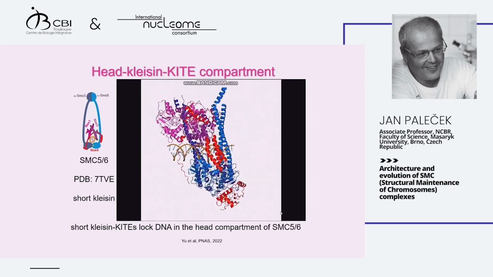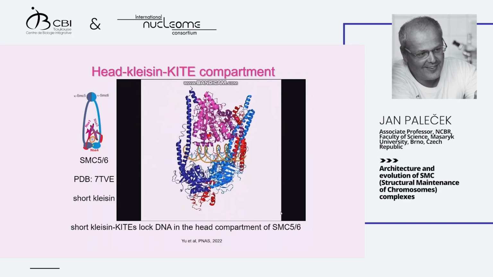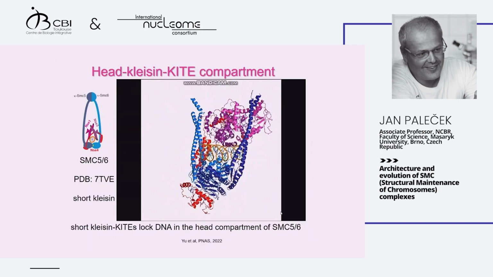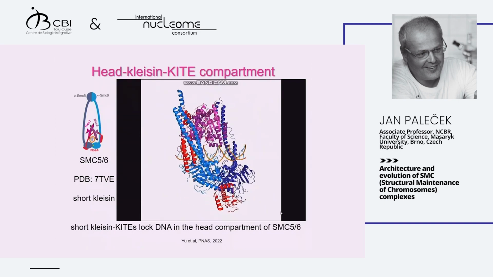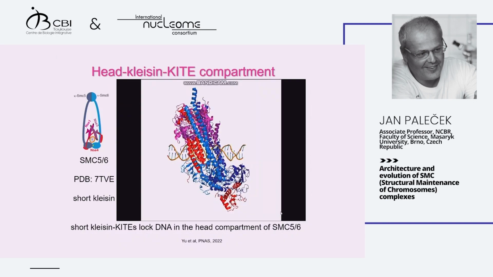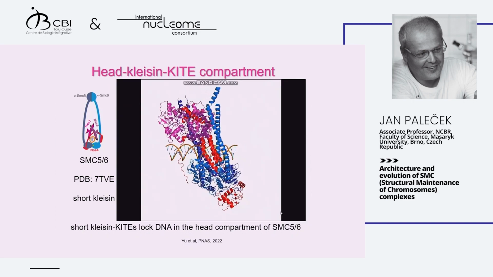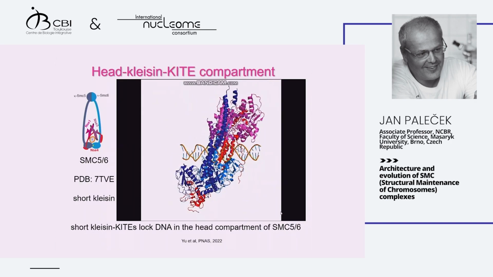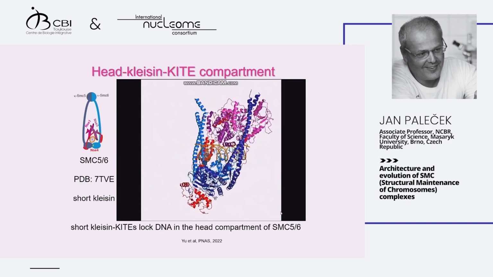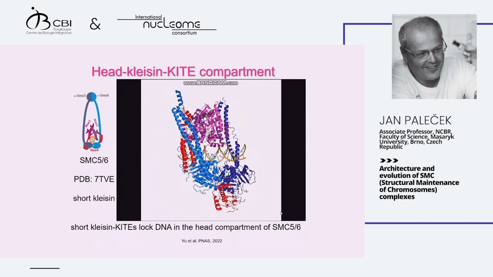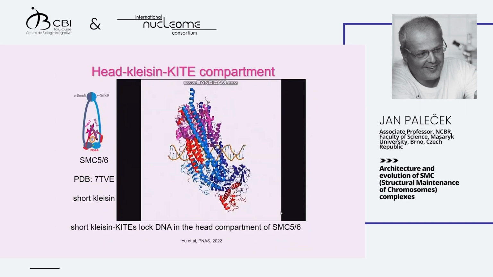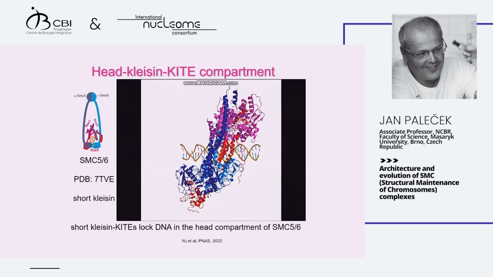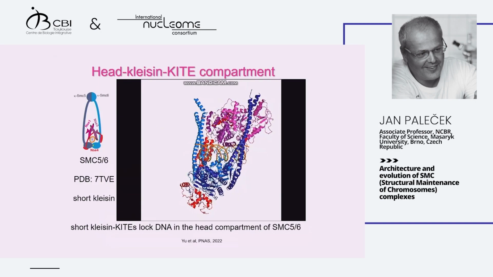Hopefully you can appreciate that this SMC5/6 structure is very, very similar. Again, you can see the SMC proteins, DNA at the top of the SMC heads, and the kleisin molecule bound to the neck and to the bottom, and again the linker going up and locking the DNA in this compartment in a very similar way.